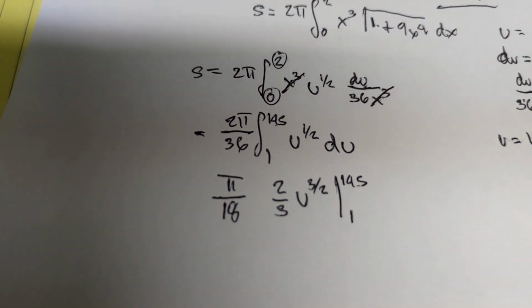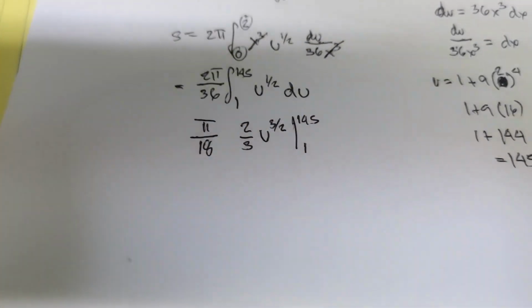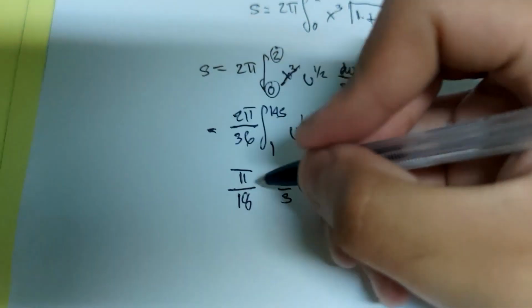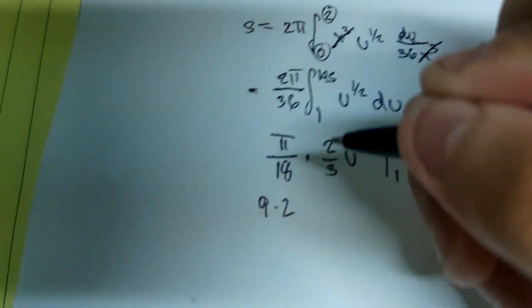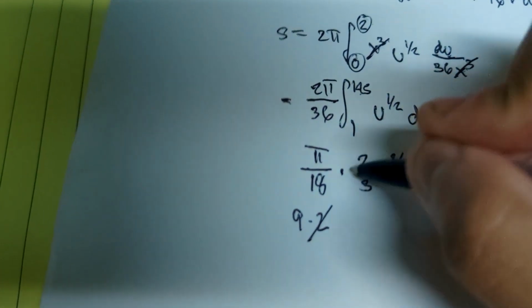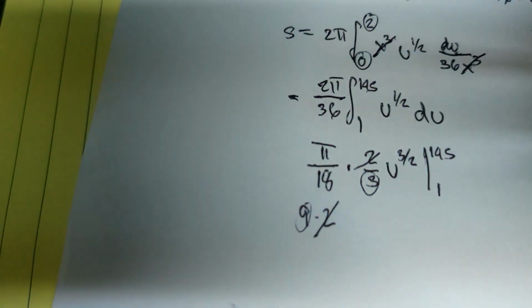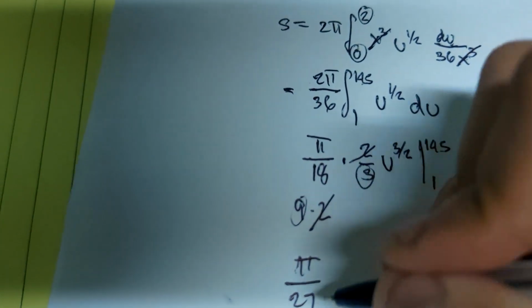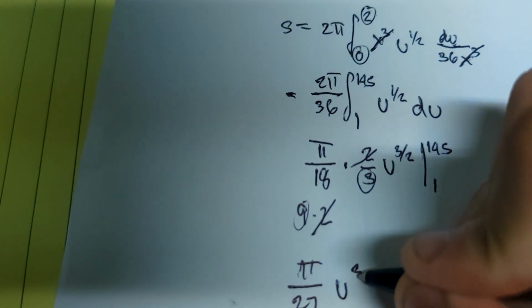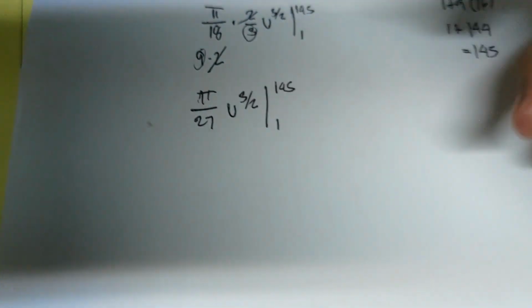Now we can cancel some of this. 18 we can write as 9 times 2. So we can cancel out 2 here and 2 here, and we multiply our 9 by 3. So this will become pi over 27 u raised to 3/2 with the limits of 1 to 145.